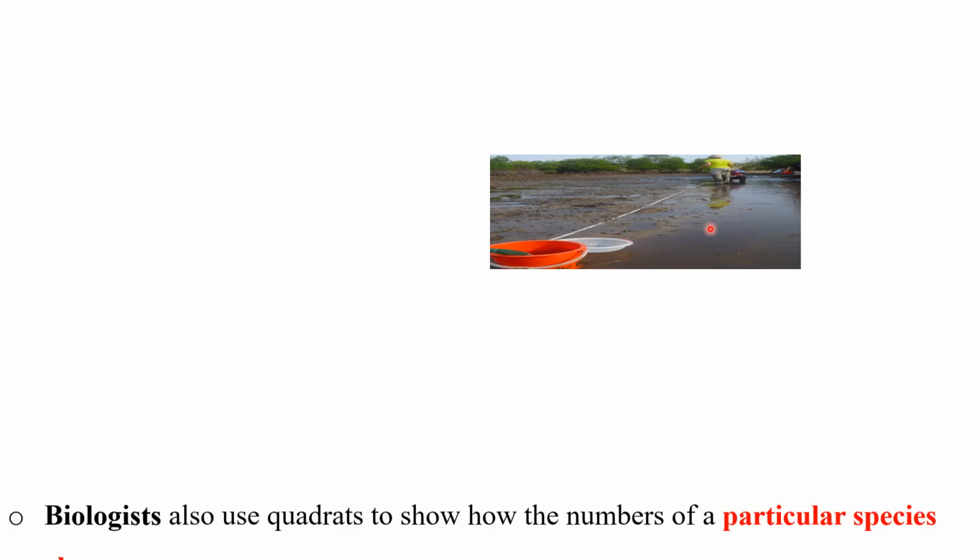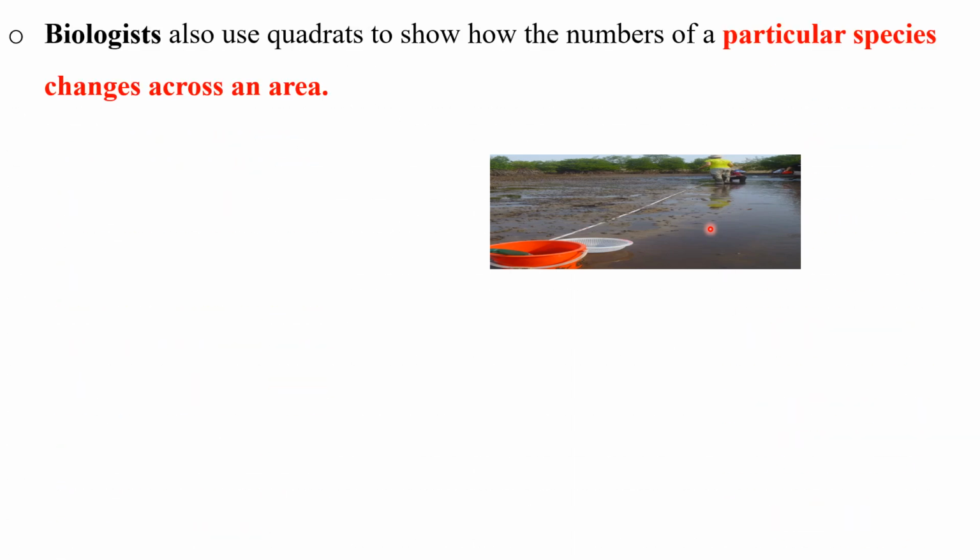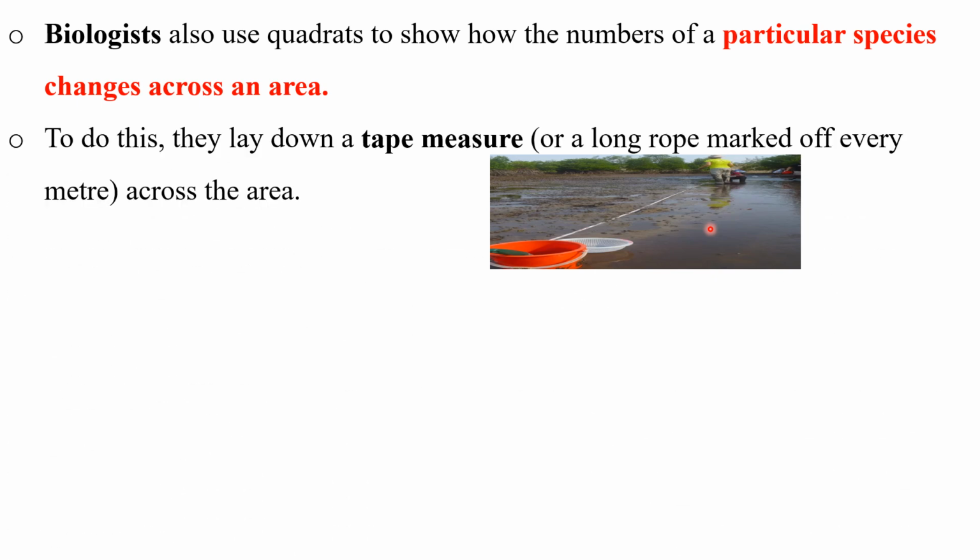We also have transect lines, or tapes, to use with quadrats. Biologists use quadrats to show how the number of a particular species changes across an area.